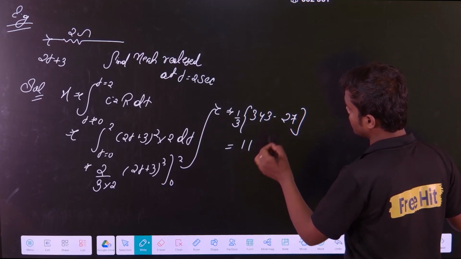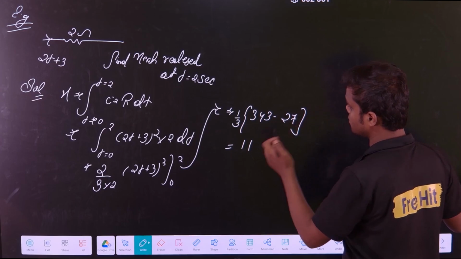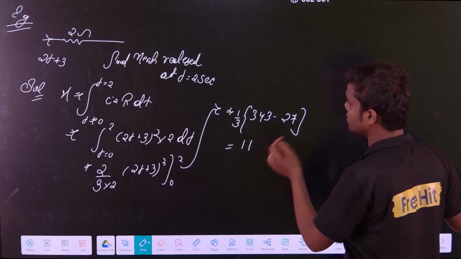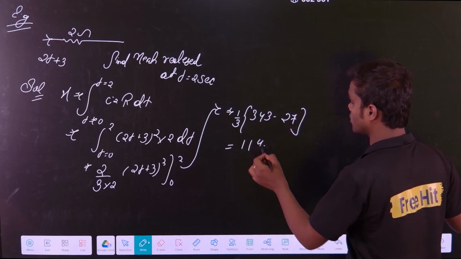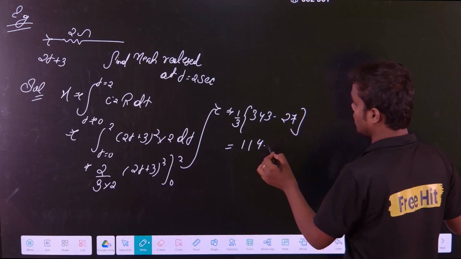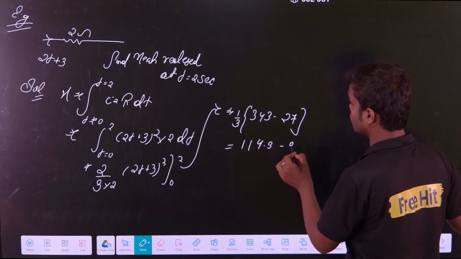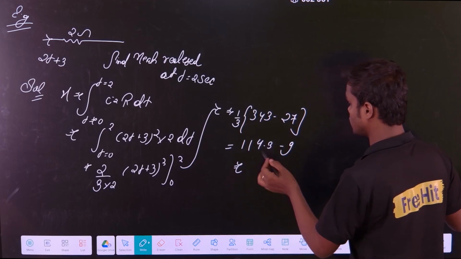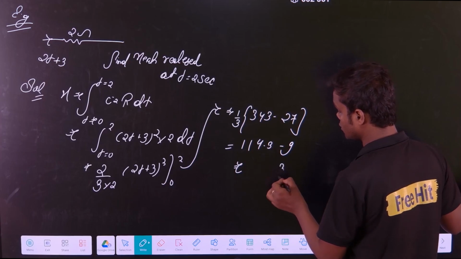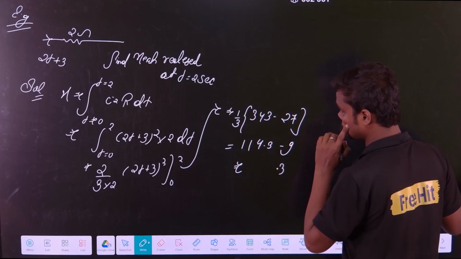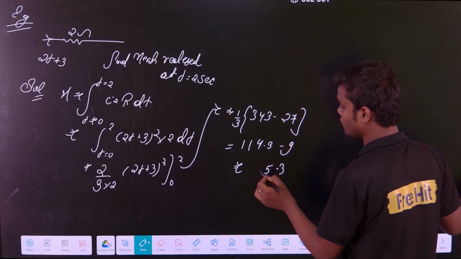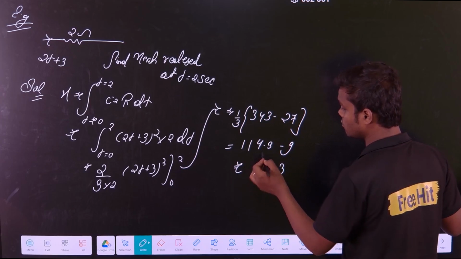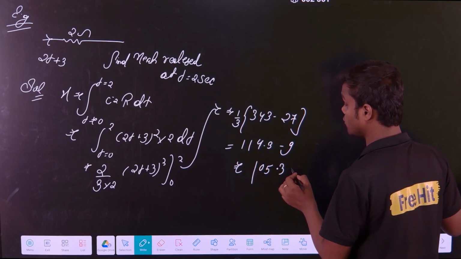And 3 cube is 27. So how much will you get? 343 minus 27, and then the final value.